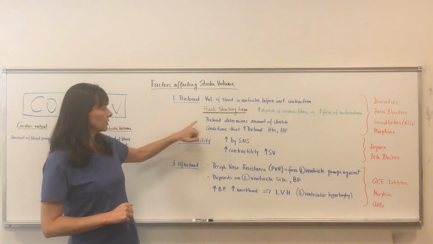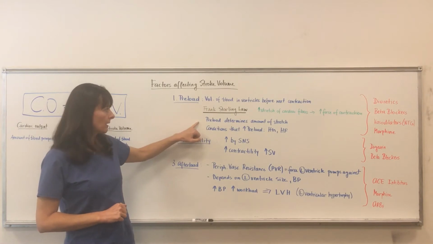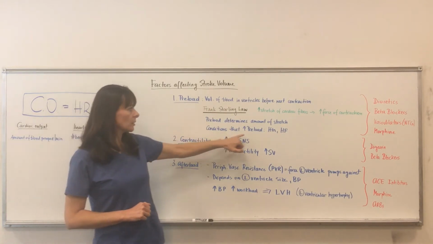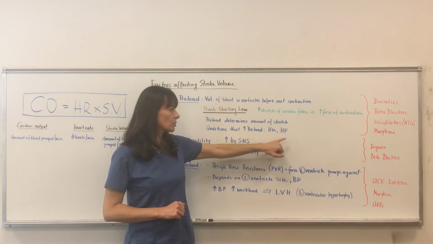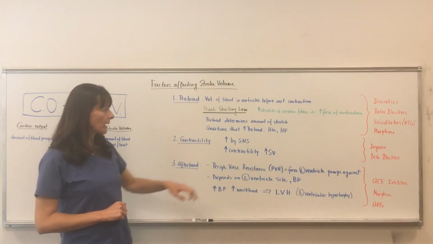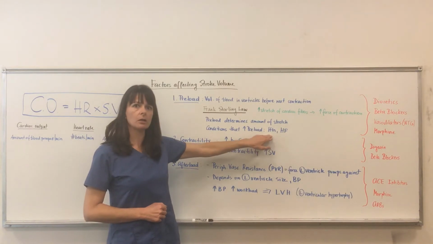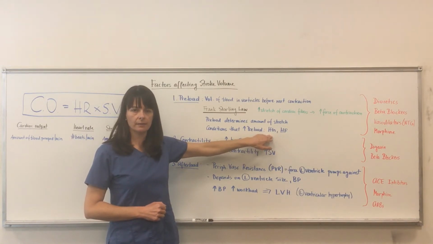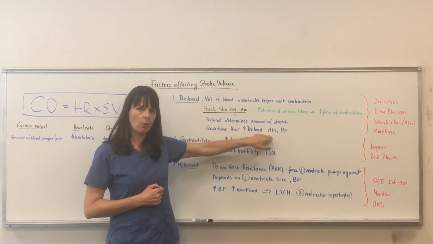Now, preload determines the amount of the stretch, and conditions that increase the preload are hypertension and heart failure. So what does that mean? Now, hypertension a lot of times is caused by fluid volume excess. That's mostly caused by poor dietary choices, which is a high sodium diet, which will make the patient retain more water.